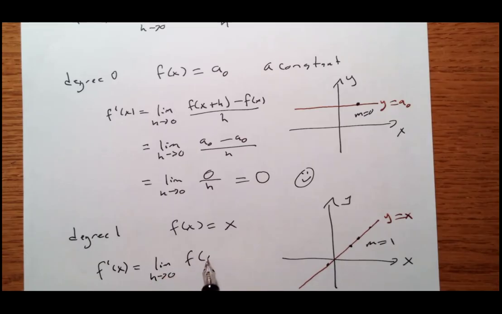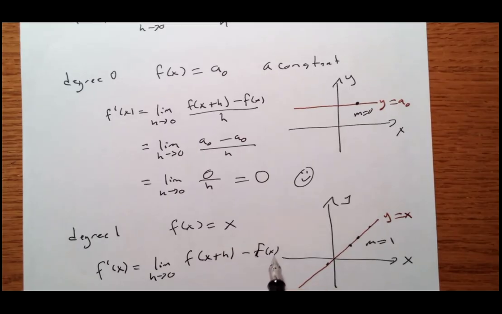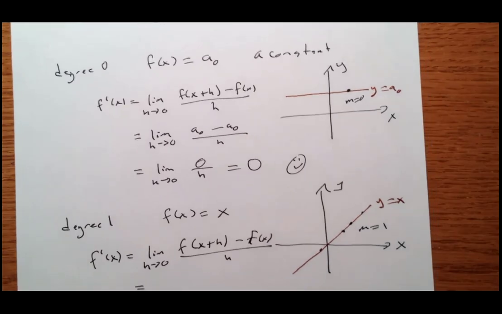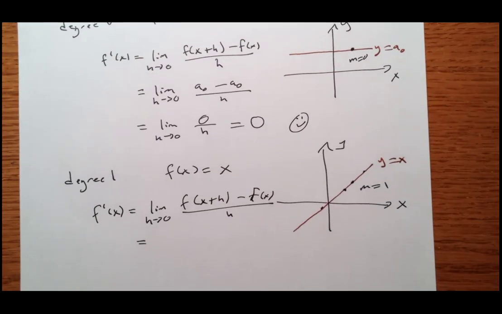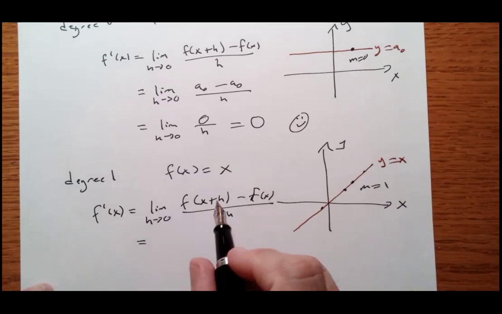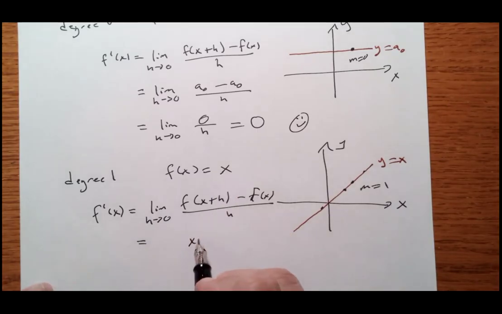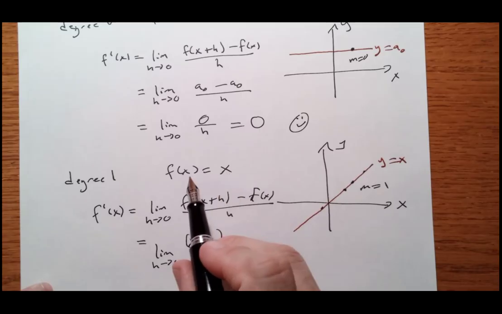I know it's boring. I really do. It's tedious, but this is the only formula we have, unless you want to do the f of x minus f of a over x minus a version. I like this h version a little better. So I plug in x plus h to this equation. I just get x plus h. This function says whatever you get out is the same thing you put in.